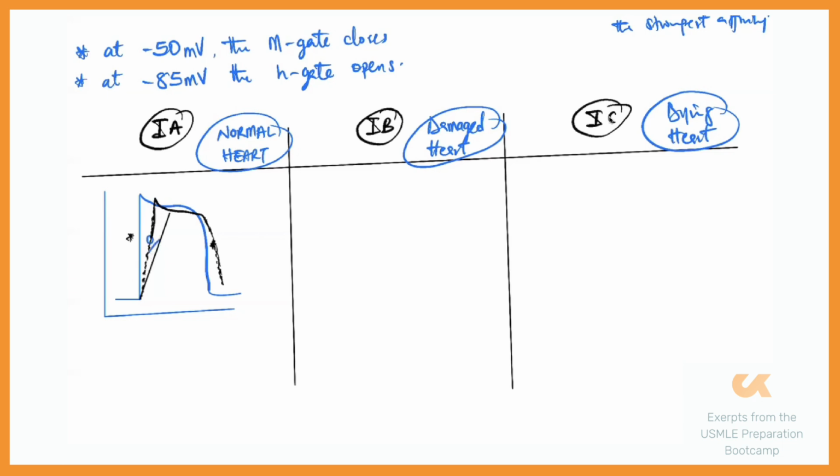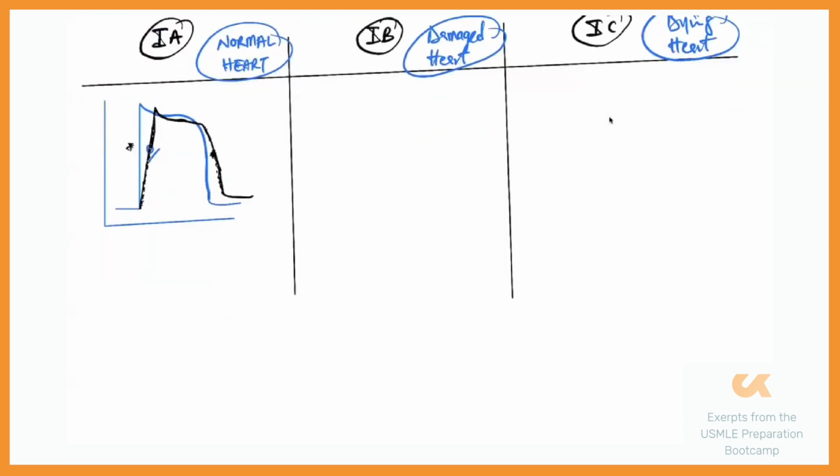Block sodium channels, we have our plateau over there, and then block potassium channels as well. That is what the new graph is going to look like. We block sodium channels, and it also has some inhibition of potassium channel.